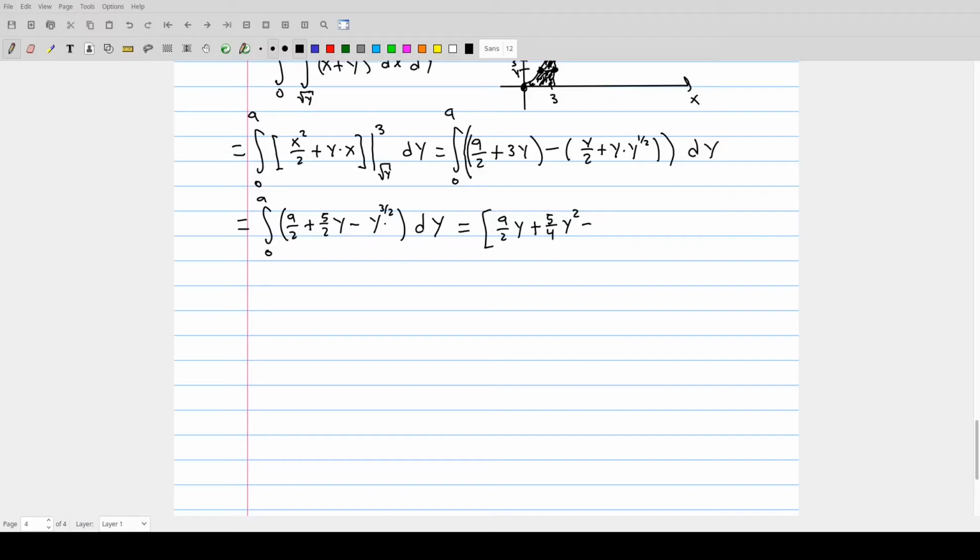And then lastly, you could use the power rule on this, so it becomes 1 over 3/2 plus 1 times y to the 3/2 plus 1, or after a little bit of simplification, 2/5 y to the 5/2. This is evaluated from an upper bound of 9 to a lower bound of 0.